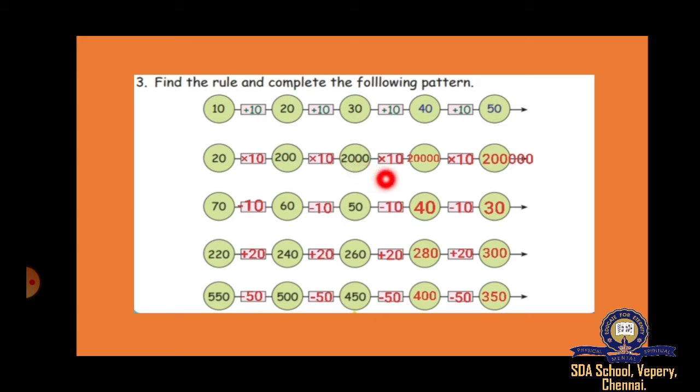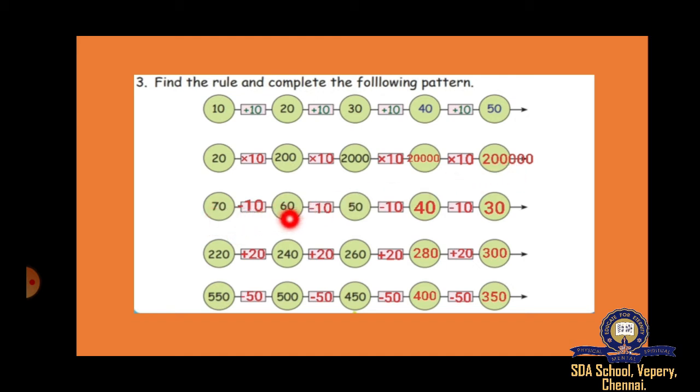If I multiply 2000 with 10, 20,000 will come. Again times 10, 2 lakhs will come. Okay. Same way, no need of confusing yourself. Just add one more 0. Times 10, one more 0. Everything gets one more 0. Here only 1 zero is there, here 2 zeros, here 3, here 4 and here 5. Like that you have to add zeros.